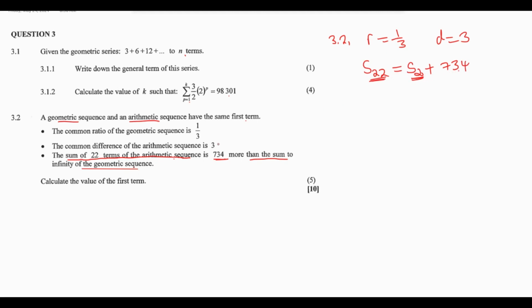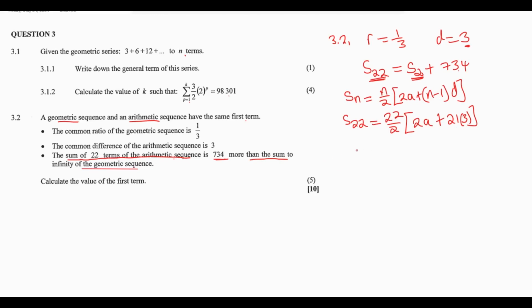Okay. Let's find the sum of 22 terms. So S_n is equal to n/2 times (2a plus (n minus 1)d), right? And then we have our difference. We have a is just the same. Then n is 22. So S_22 is equal to 22/2 times (2 times a, plus 22 minus 1, that is 21, so plus 21 times 3), right?